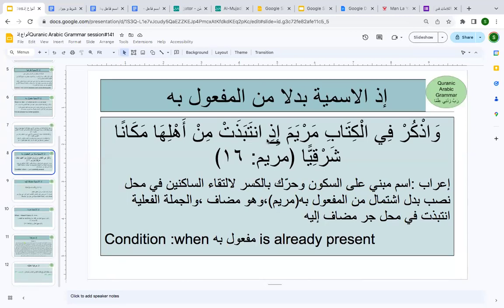the sacred months, the Hurmat, in which something has been forbidden. What is forbidden in it? Qital. So qital has been picked out, and that is ishtimal from the entire sacred months.